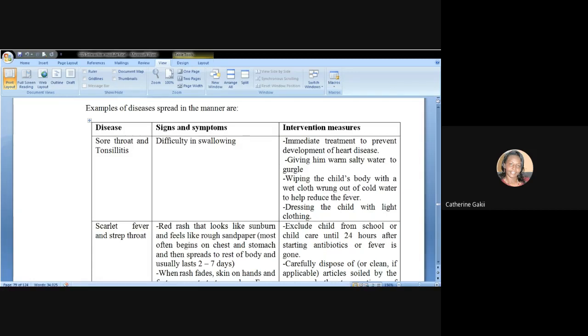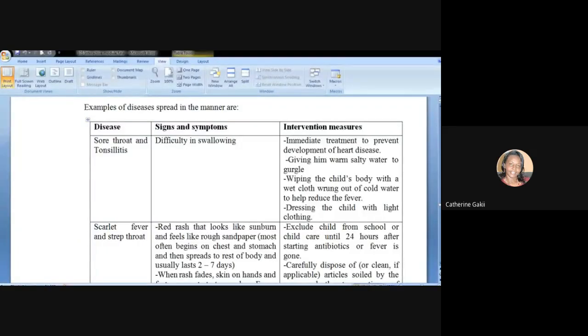When they are having tonsil stones, they swell. Then you take immediate treatment to prevent development of heart disease.